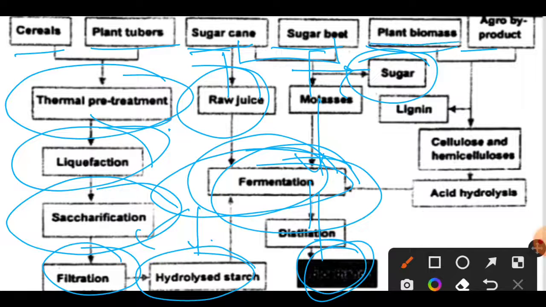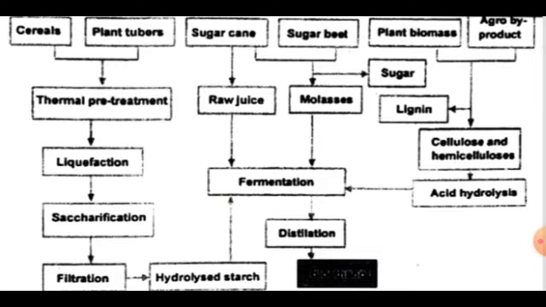Similarly, a mixture of plant biomass and agro byproducts can give you lignin, along with cellulose and hemicellulose. This cellulose and hemicellulose by acidic hydrolysis can be converted into fermentable sugars, and via fermentation can be converted into ethanol and water, and then via distillation we will get ethanol again. So those are the various types of processes by which we can produce bioethanol.